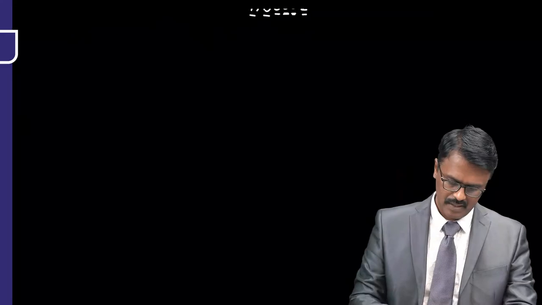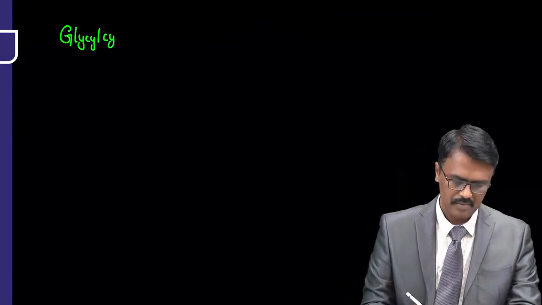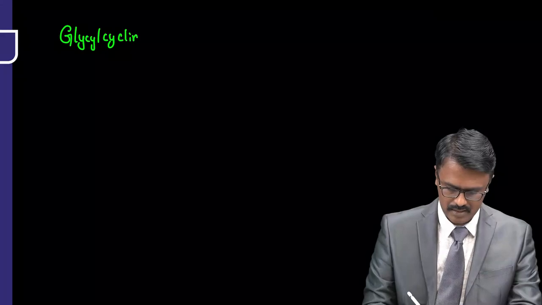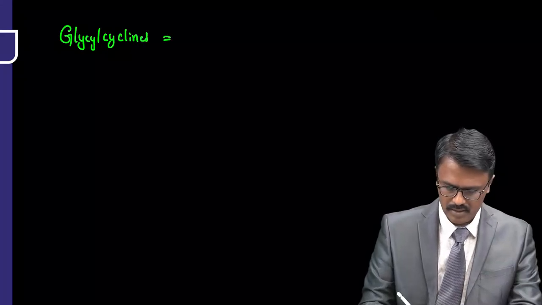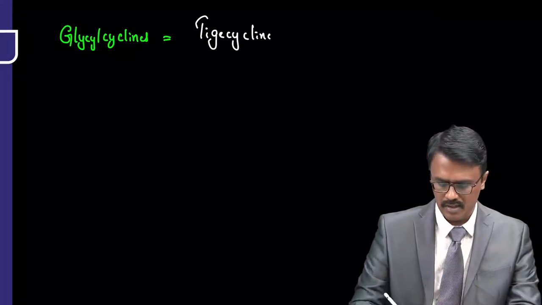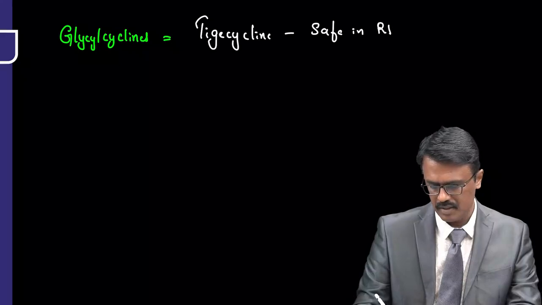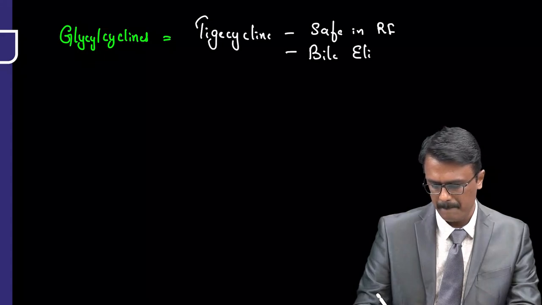I told you there is a group called glycylcyclines, and the derivative is called tigecycline. Advantage, I told you, it is safe in renal failure, and the drug undergoes bile elimination.